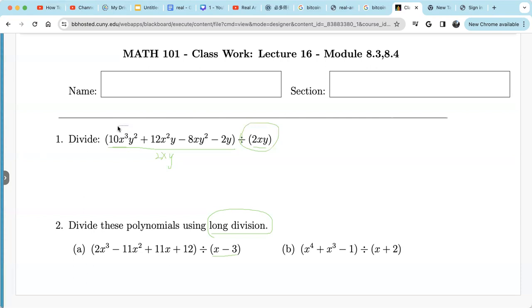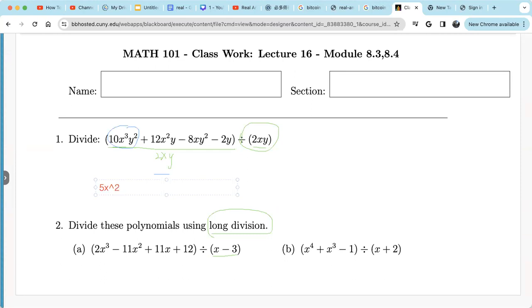We divide the first term by the divisor. 10 divided by 2, we get 5. x cubed divided by x: division of the same base, we subtract the exponents. So we get x raised to 3 minus 1, which is x squared.